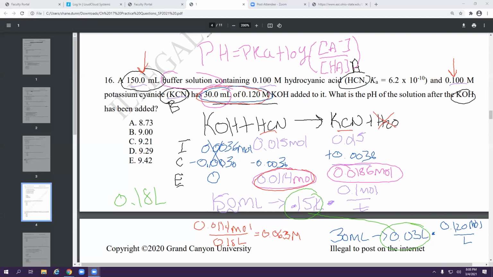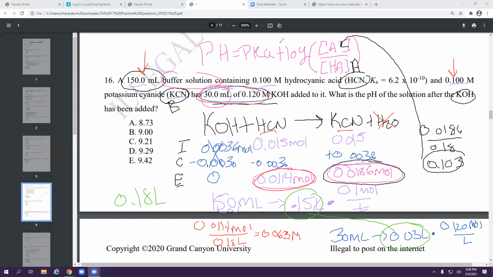Let's do black for him. 0.0186 divided by 0.18. And I got 0.103.